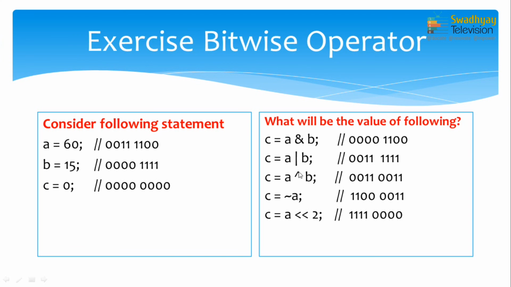So, we have 1 1 0 0 and the remaining last 2 positions will be filled with 0. Generally, this bitwise shift is used to perform multiplication. So, here it multiplies the original operand by 4.